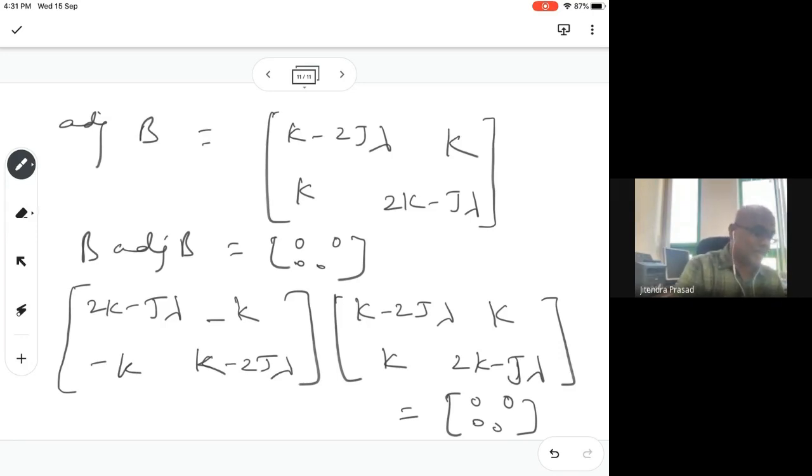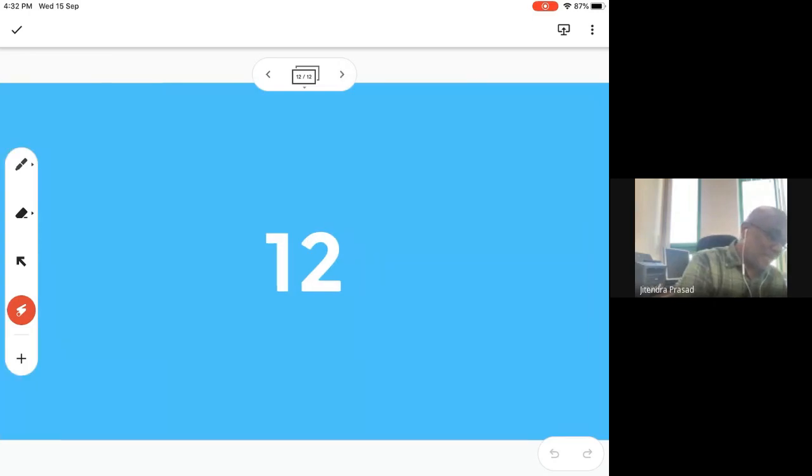And just see what we will do. If you multiply this by this, you will get the first one. So you get this multiplied by this one, then this multiplied by this one, plus this multiplied by this one, and that has to be equal to 0. So let's multiply, we can find out.